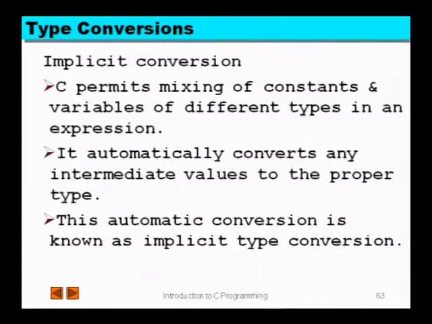As you have seen, with one float and one integer, both are converted into float. This automatic conversion is known as implicit type conversion.